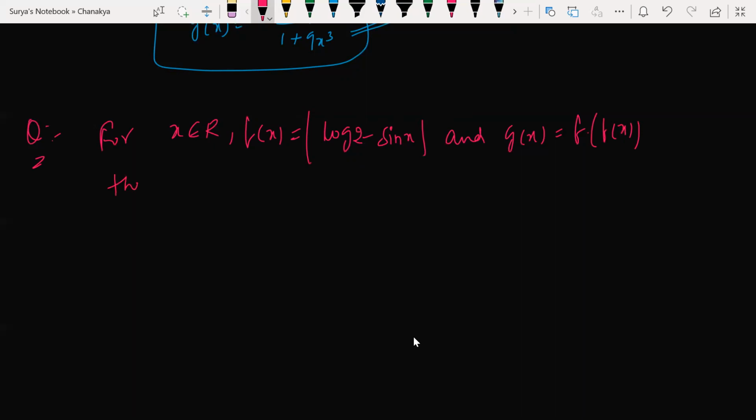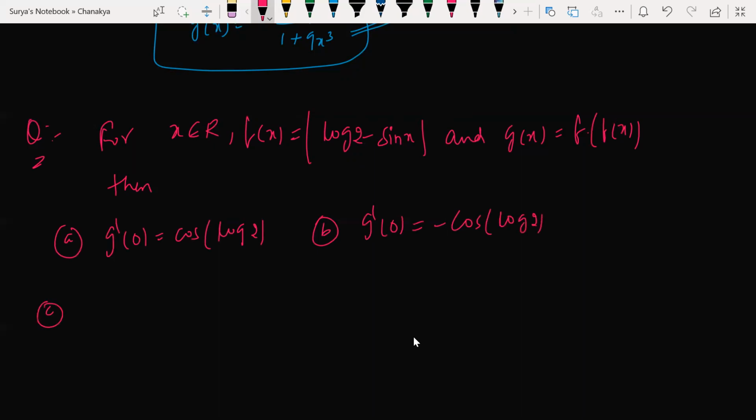Then option A: g dash of 0 is equal to cos of log 2. Option B: g dash of 0 is equal to minus cos of log 2. Option C: g is defined at x is equal to 0 and g dash of 0 is equal to minus sine of log 2.